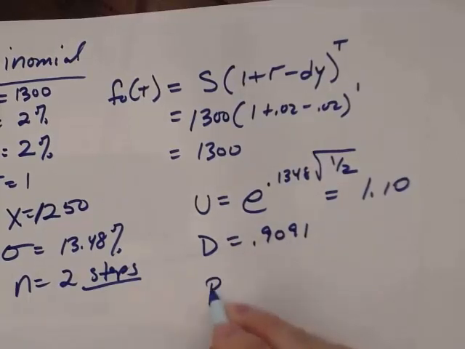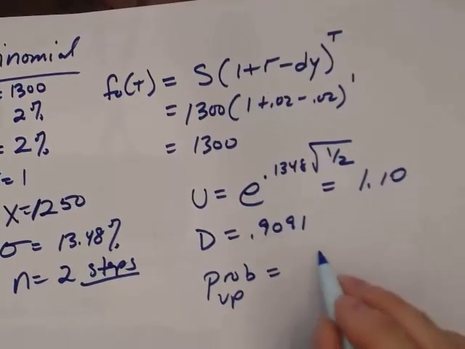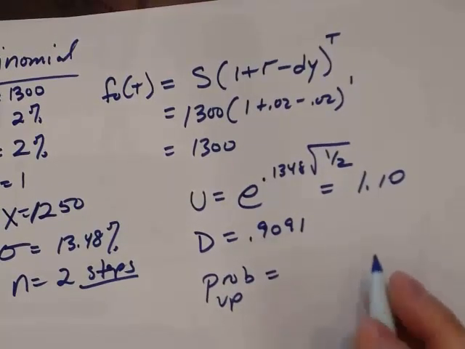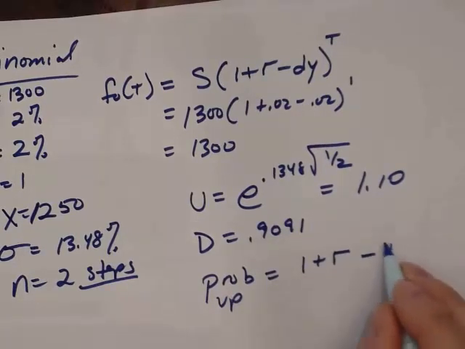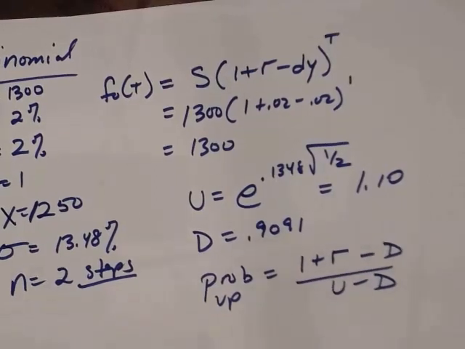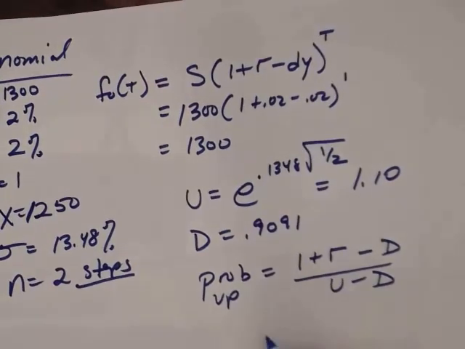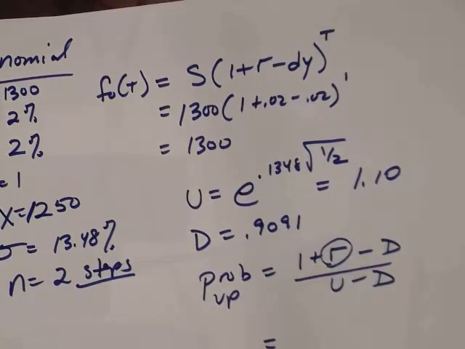And so the probability of going up, now this is where it gets interesting. Recall we did the probability of an up move way back in chapter 4, when we did the binomial. We said it was (1 plus R minus D) over (U minus D). Do you remember that story? That considered the opportunity cost of money associated with flipping into the stock itself.